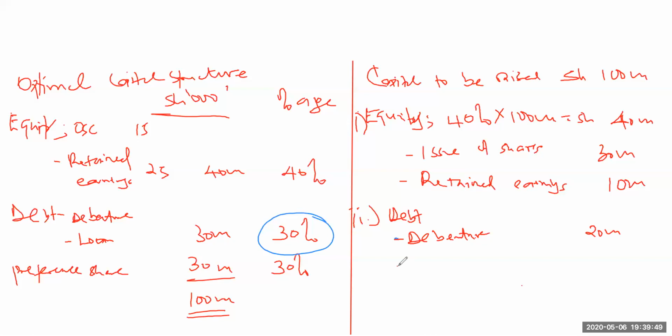Then in the same note, any extra debt will be raised through the issue of 12% debenture. So this is the 9%, just to specify. Let me call this the first debenture and the second debenture. The balance is going to be from the second debenture, whose cost is equal to 12%.